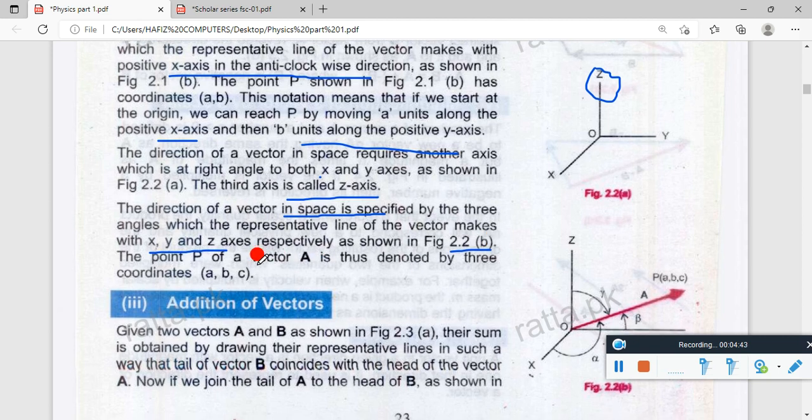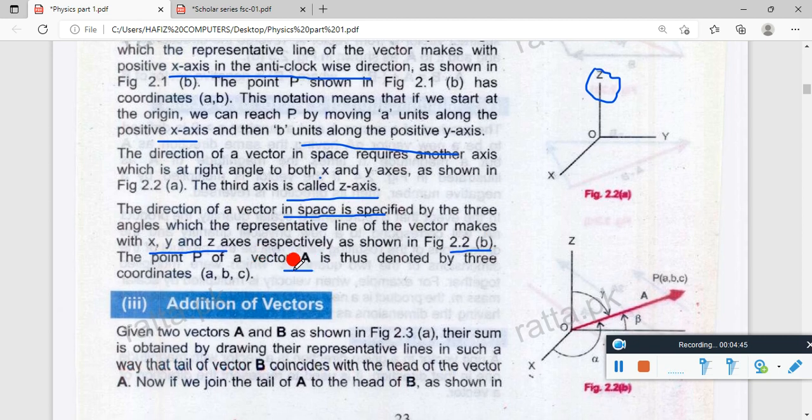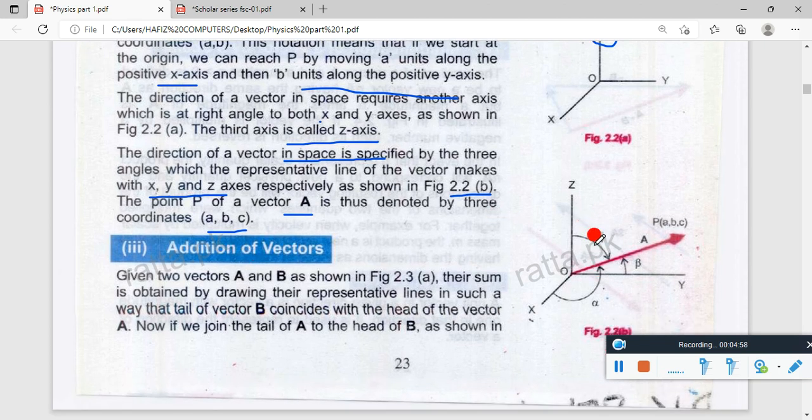The point P of a vector A is thus noted by three coordinates A, B and C. In 2D we have two coordinates A and B. In 3D we have three axes x, y and z. So the point P is represented by three coordinates like A, B and C.